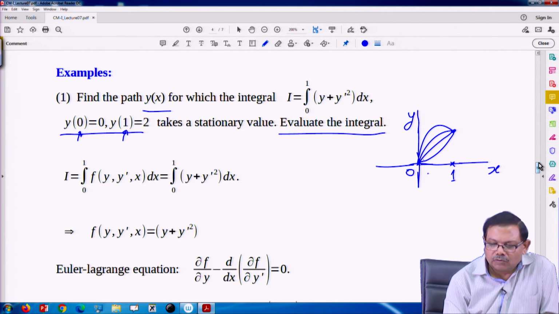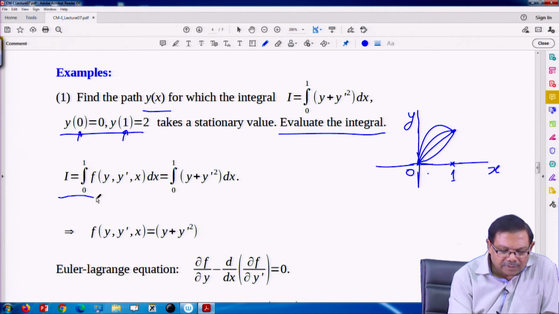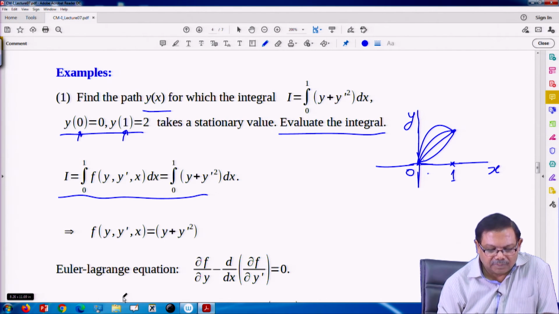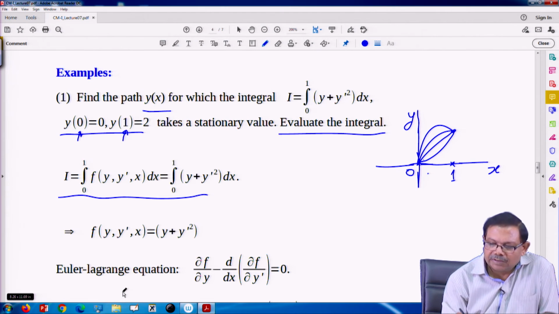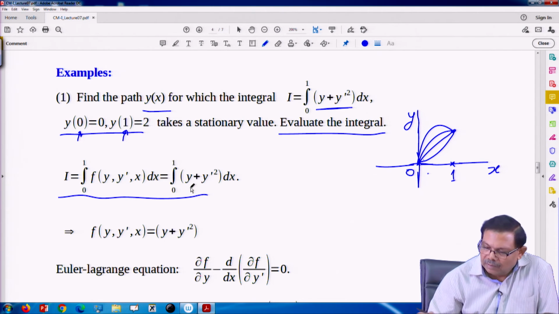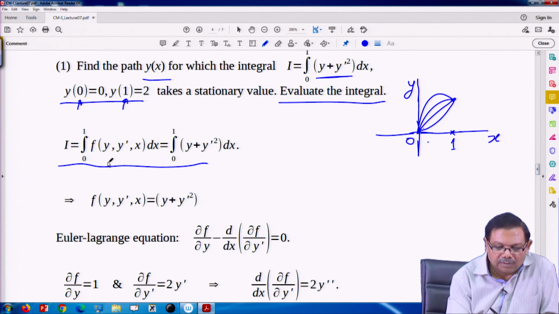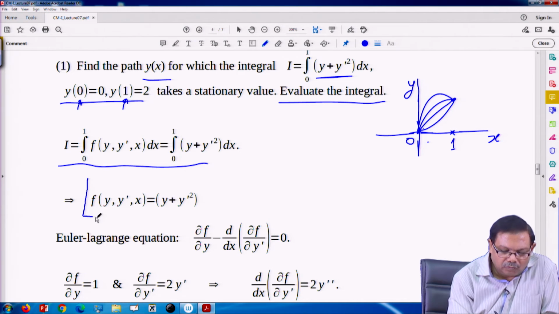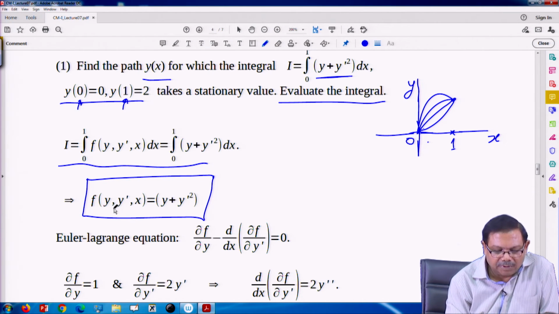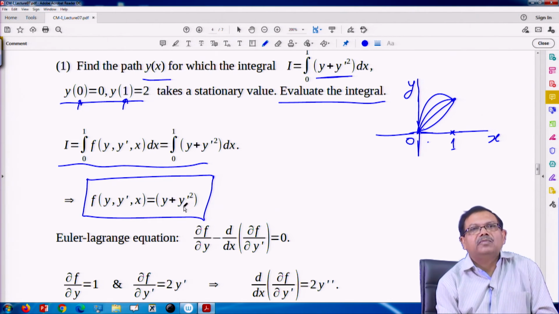Okay. So, I write this integral as f of y, y prime, x, dx, and this integral is y plus y prime square. So, if you look at both the terms, we know what my function is. The function of y, y prime and x is y plus y prime square.